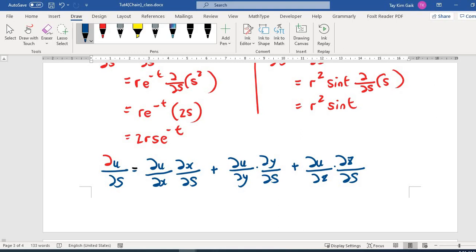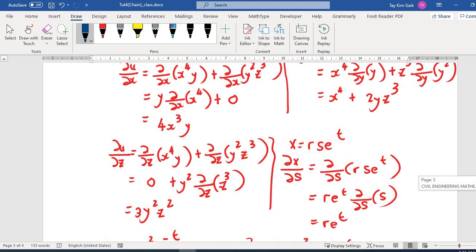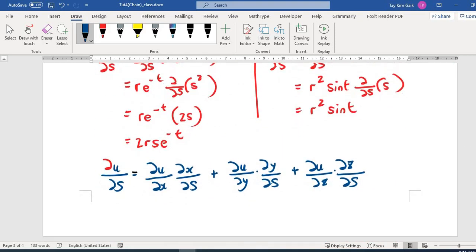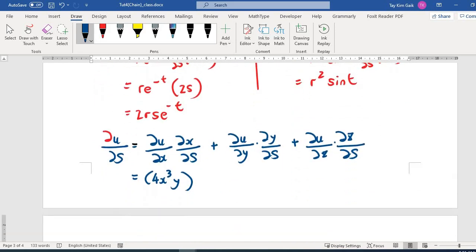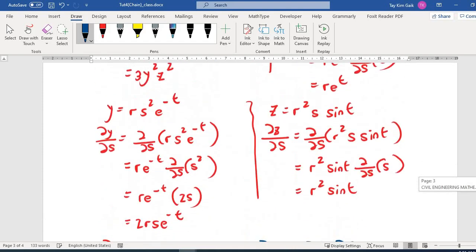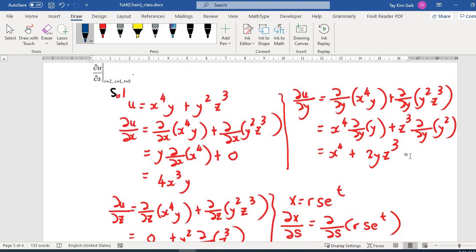Now just plug in all the values there. What's del U, del X? 4x cubed y. Plug in here: 4x cubed y. Del X, del S here is R exponent T. Okay, del U, del Y is X power 4 plus 2y z cubed.